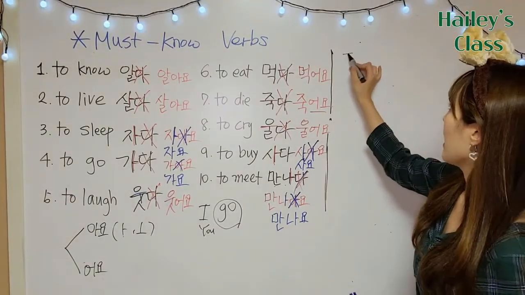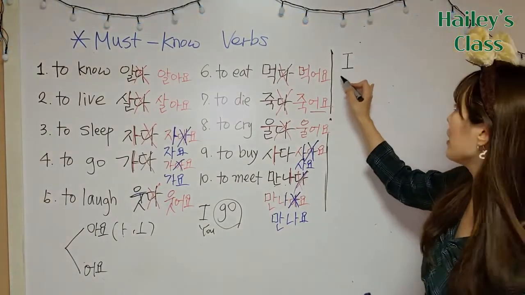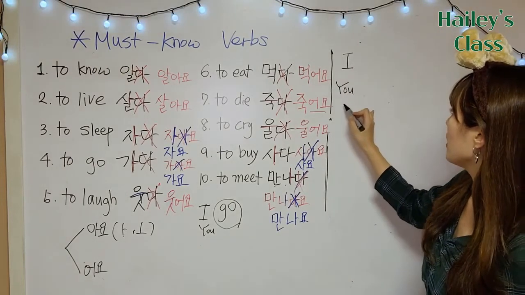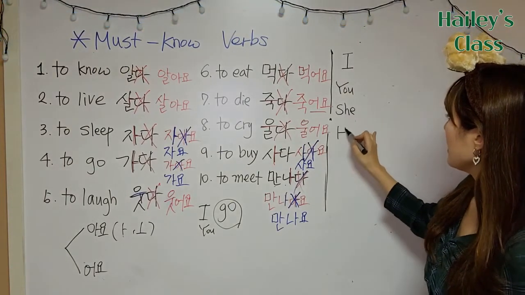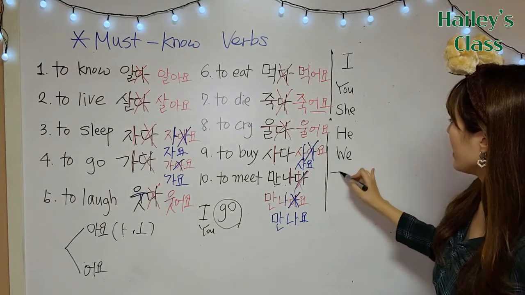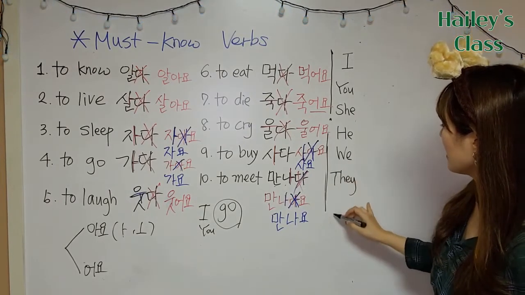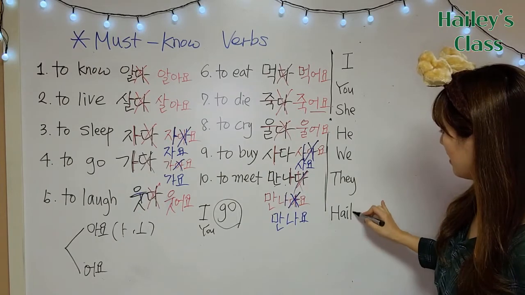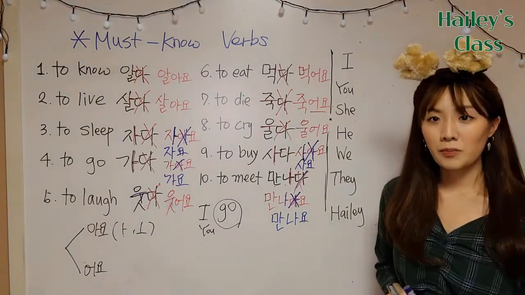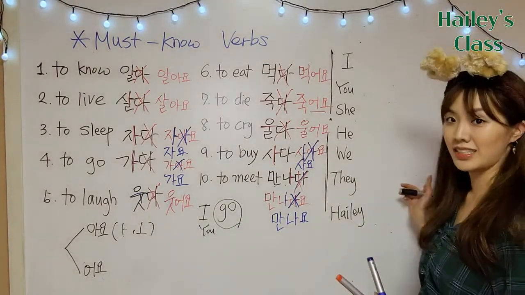I would say I, you, she, he, we, they, Haley. This is the subject. So someone is doing this, okay?